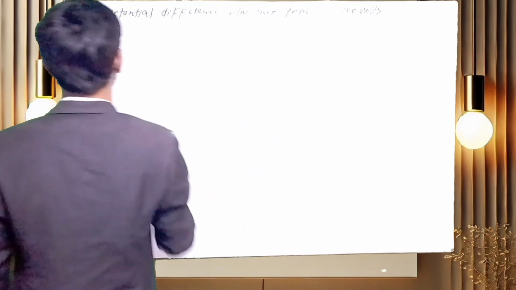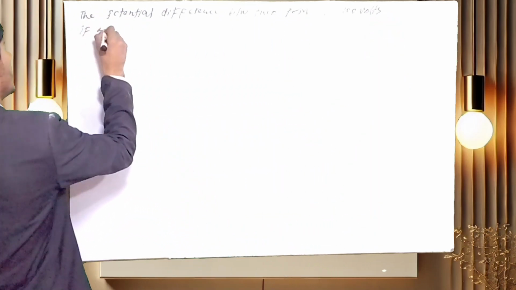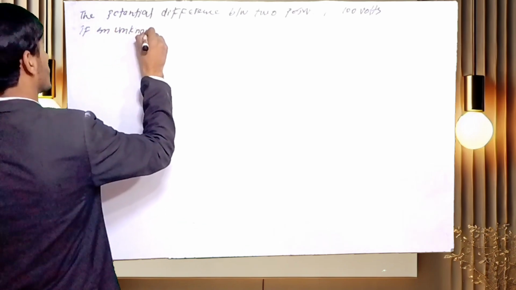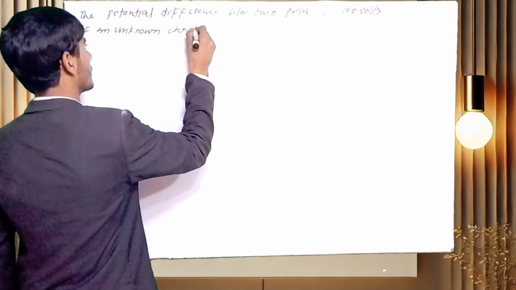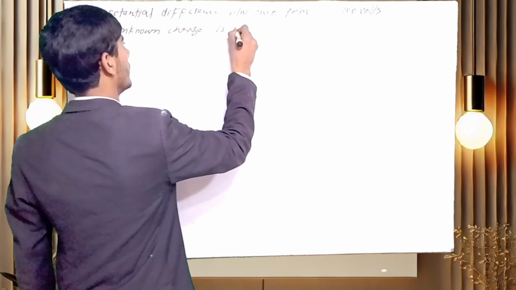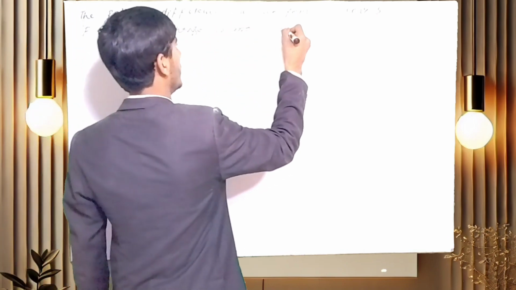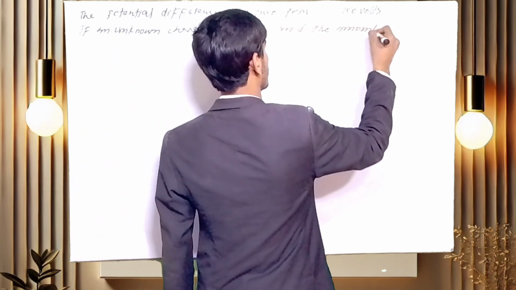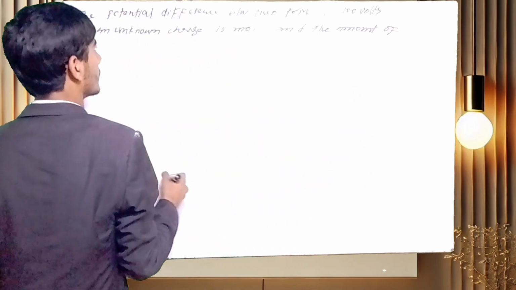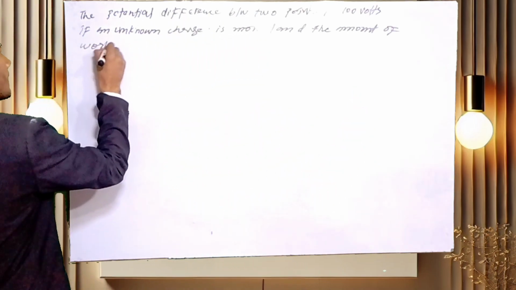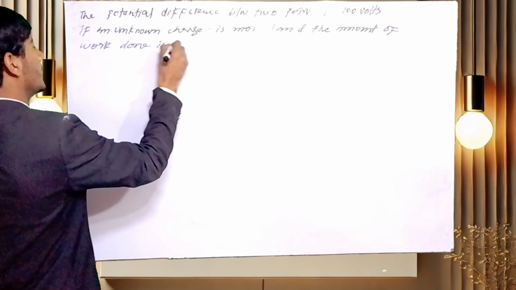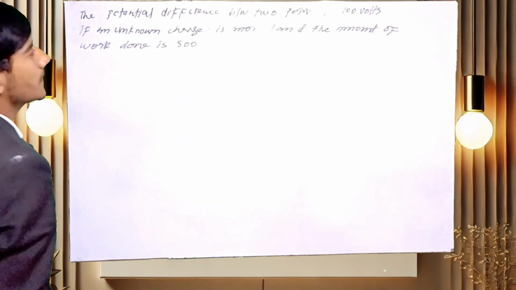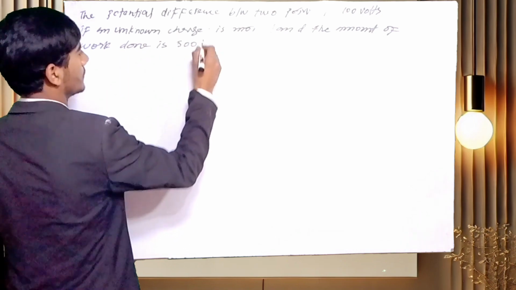If an unknown charge is moved and the amount of work done is 500. The potential difference between 2 points is 100 volt and the work done is 500 joule.